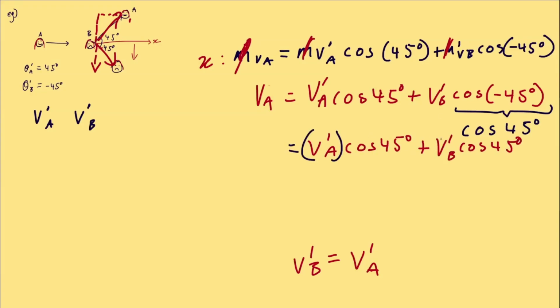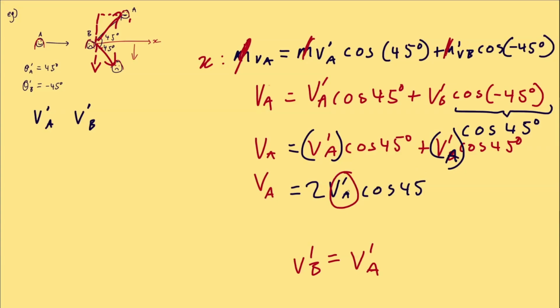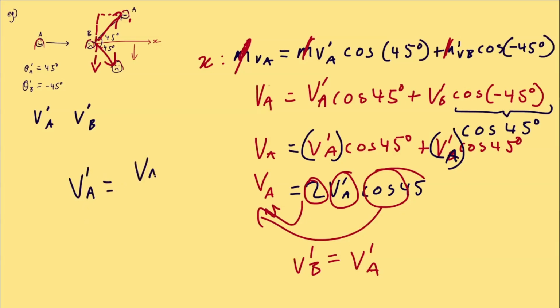And because VA and VB are equal, we can just write both of these as VA. So this simplifies to 2 times VA cosine 45. We're going to go ahead and solve for this value by moving these two to the other side. From this, we get VA after the collision is equal to initial VA over 2 cosine 45.